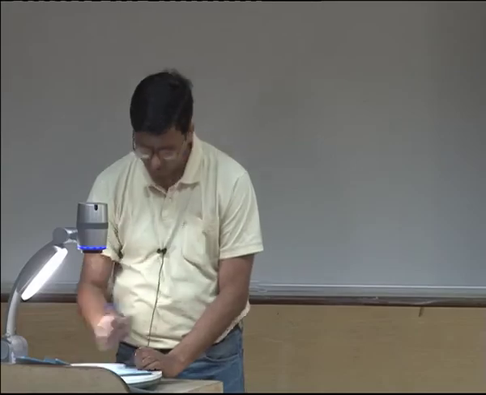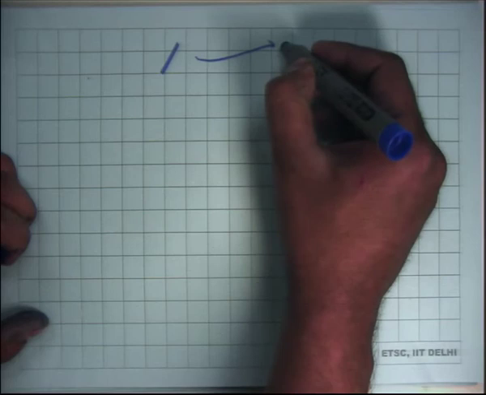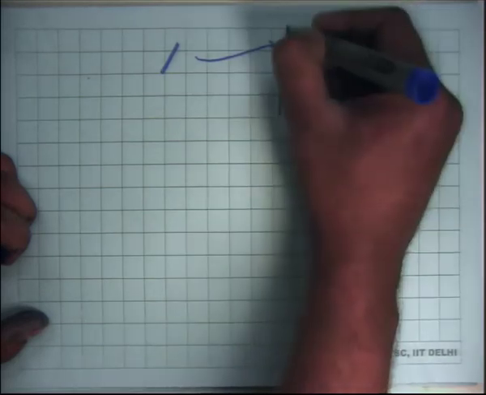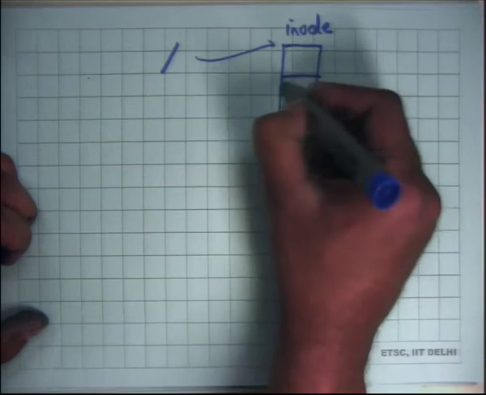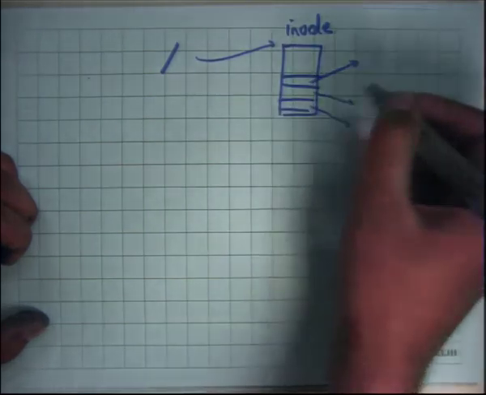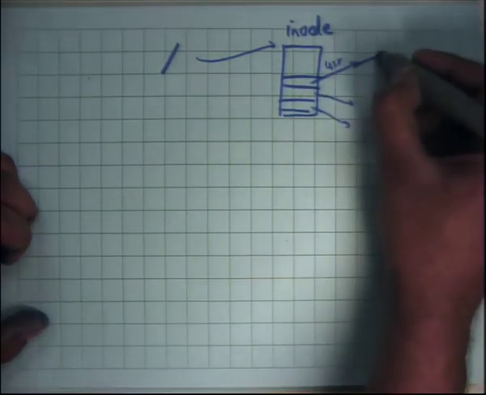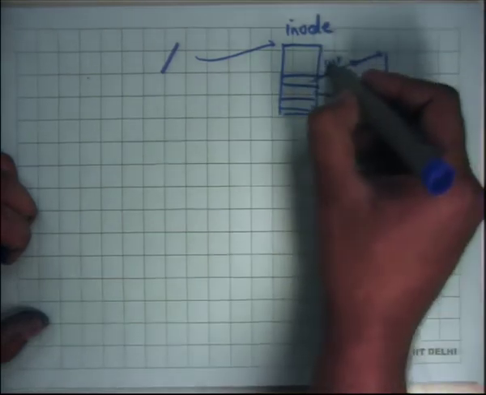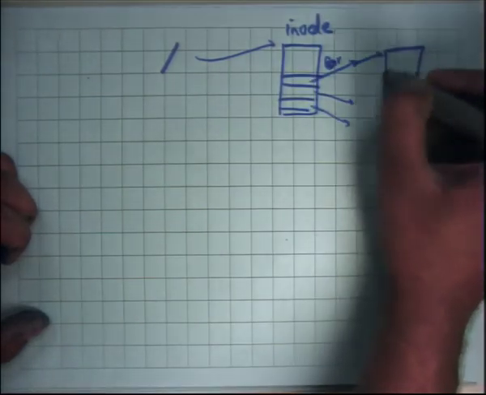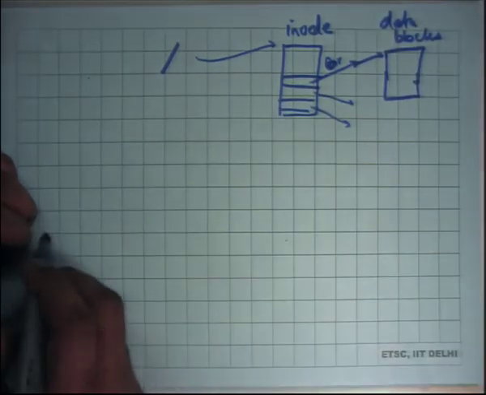So if I were to draw a diagram, let's say this is slash, the root directory, that points to an inode. These have names, let's say slash user, pointing to another inode. So the inodes themselves point to data blocks.